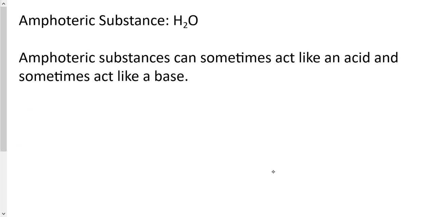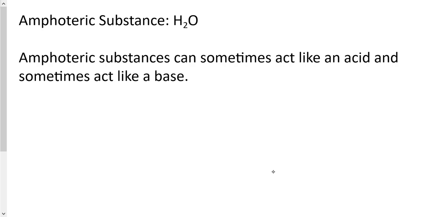We're also going to talk about amphoteric substance. A common example of an amphoteric substance is water. Basically, an amphoteric substance is a substance that can act as an acid, and sometimes it also acts as a base.